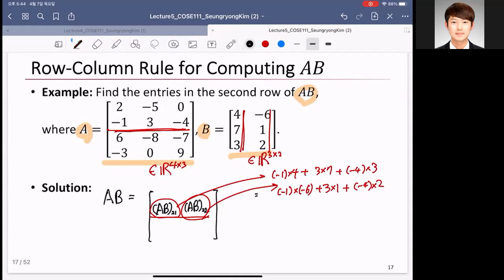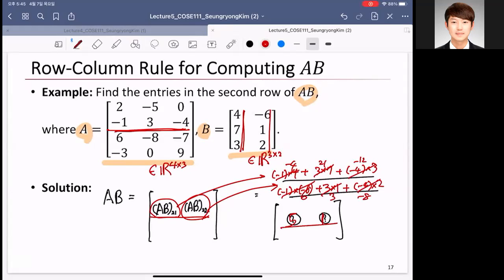Then you can easily compute these as values. Please solve this yourself. You can calculate them, right?